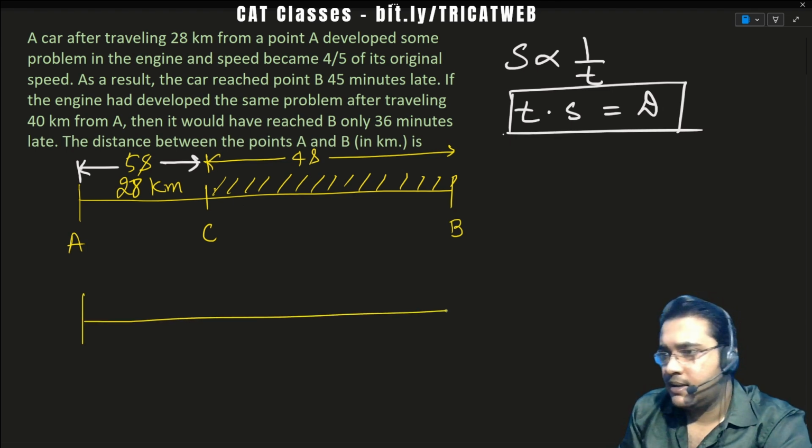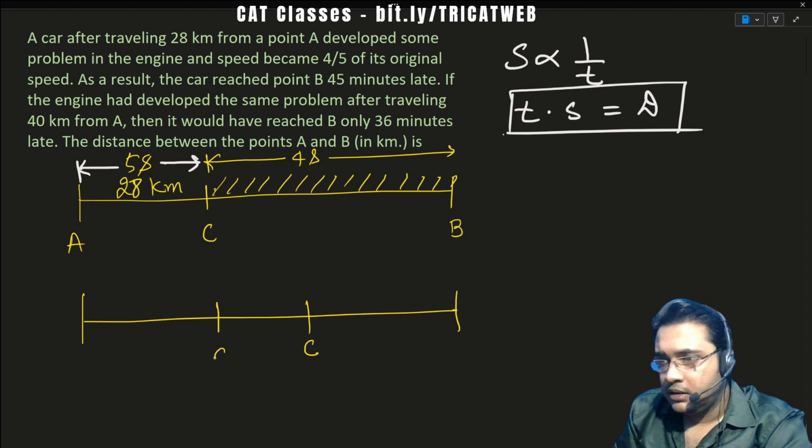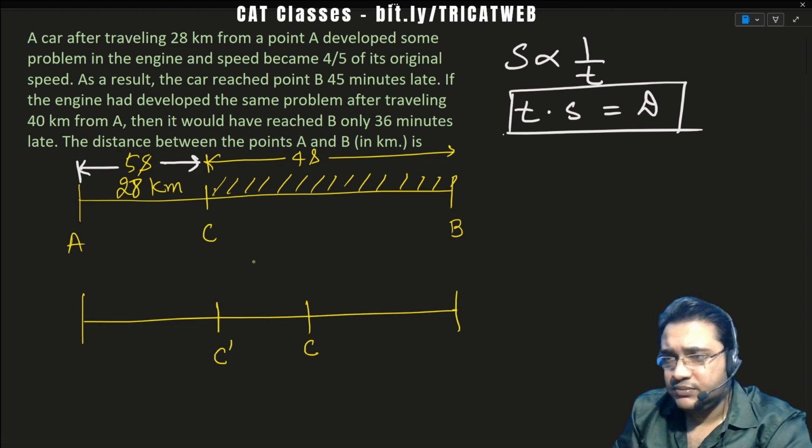Now the next case says exactly everything same, but there's a slight change. Instead of this C juncture at this point, the train developed the snag at C dash, which is at a 40 kilometer stretch. You can see from A to C it is still 28 kilometers. I hope that is clear, right?